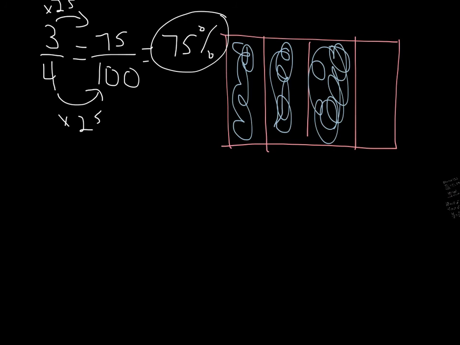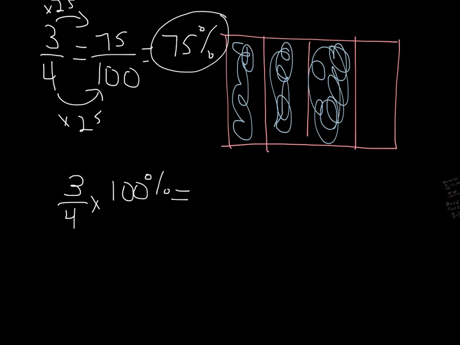You don't always have numbers that go into 100 so easily. For a while, we're going to intentionally work with some really easy numbers that are factors of 100. But if you wanted to know another way that would work, and this is shown in our textbook actually, you can do it this way as well. You can say 3/4 times 100%. And percent is our unit. And the reason we can do that is because 100% is a whole. 100% is the whole thing.